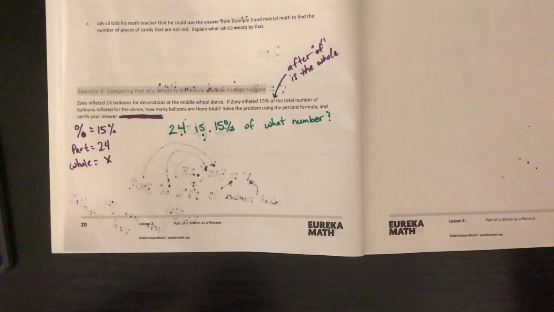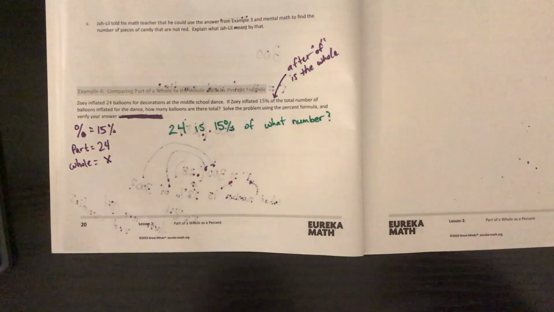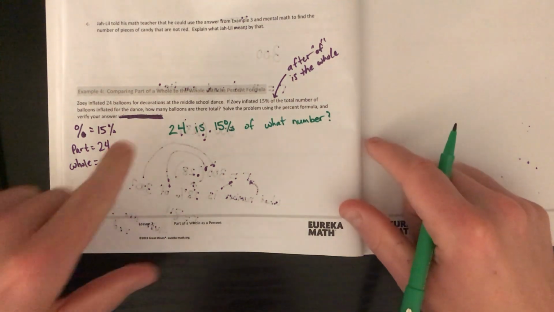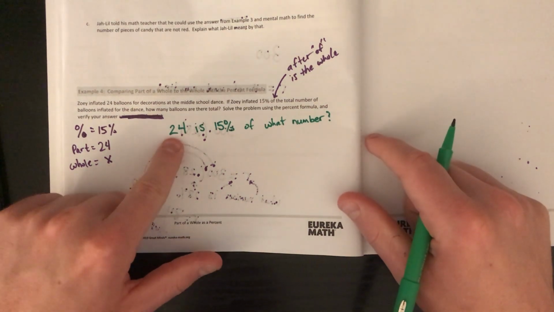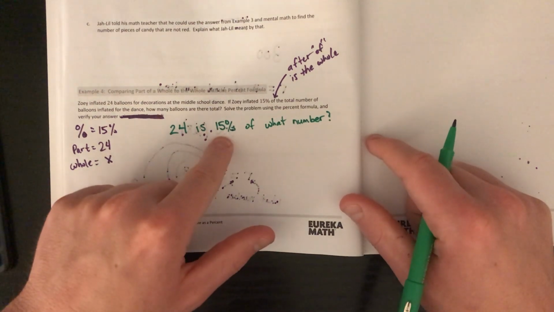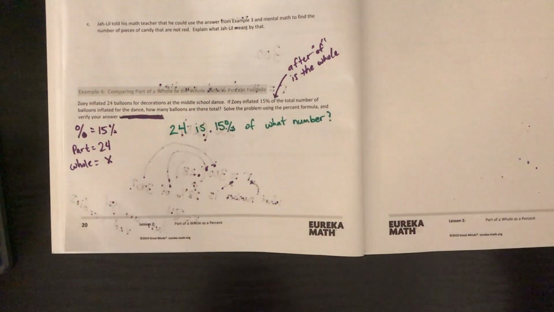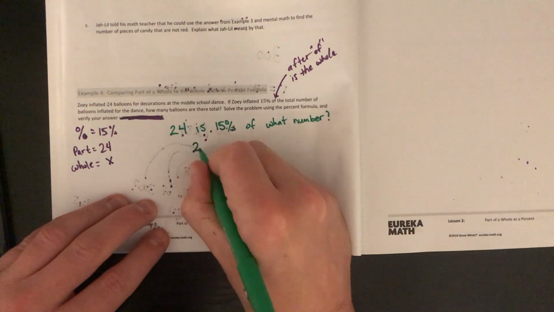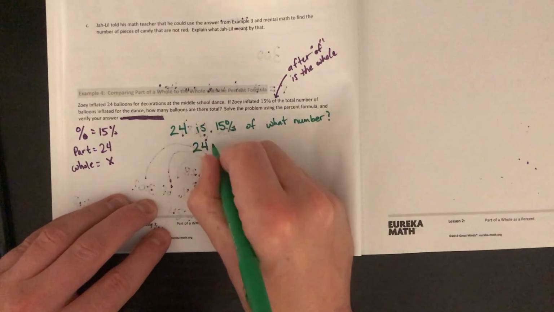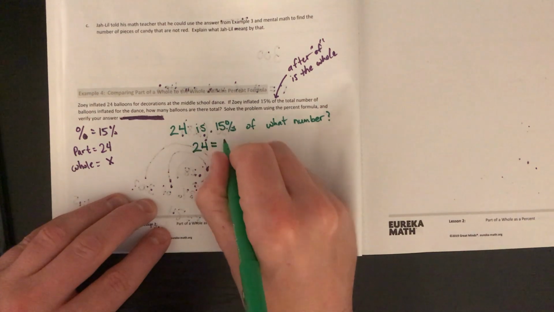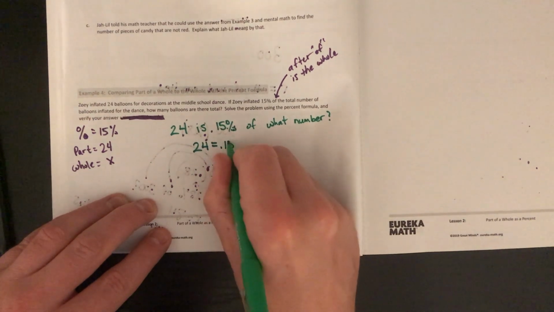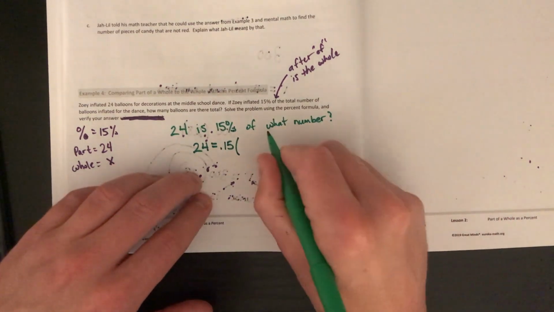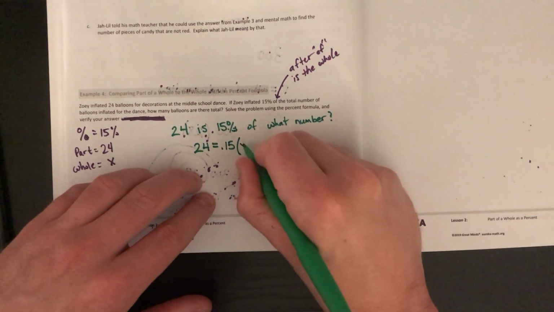And if I just have those pieces in the right order, then I'll come to an equation that can solve the question for me every time. So this question essentially comes down to the 24 balloons that she blew up is 15% of the total, which is what number? We're trying to figure that out. And now I can just rewrite that as the equation 24 equals 15%, that's 0.15 of, let me use parentheses for multiplication this time just to do it a little different, what number?